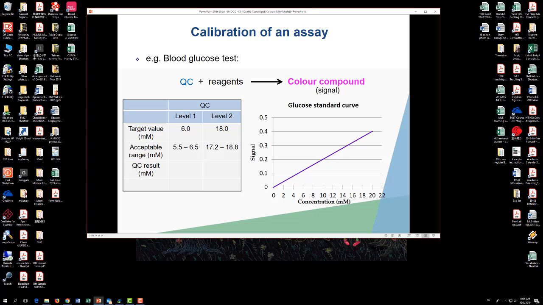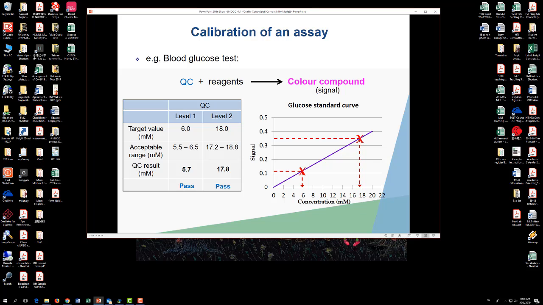After calibration, we can use the QC samples to check the quality of the assay. So now we will run the QC samples. For example, if QC sample 1 gives 5.7, while QC level 2 gives 17.8, both of the QC pass.